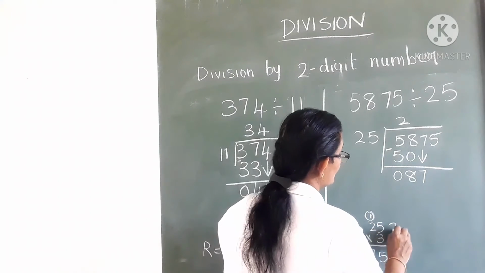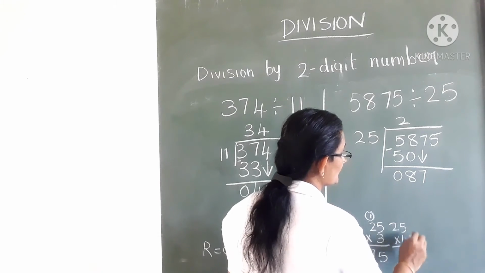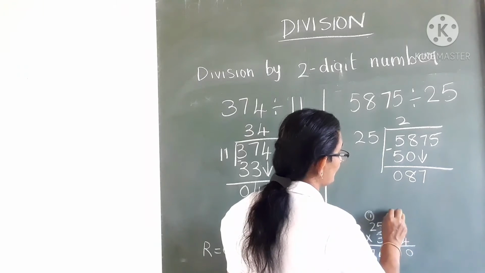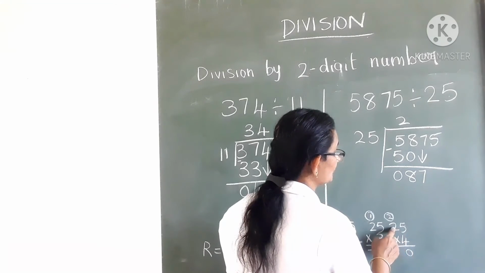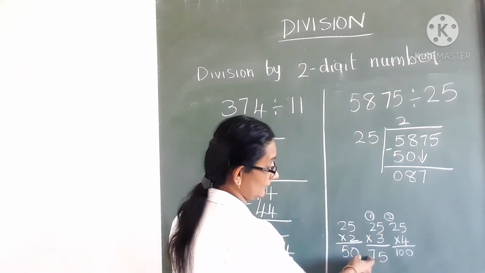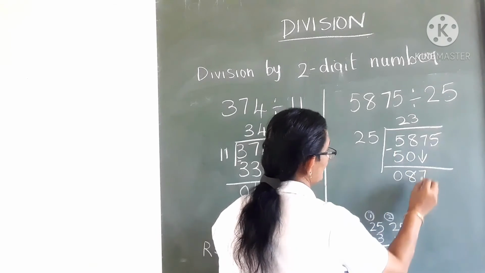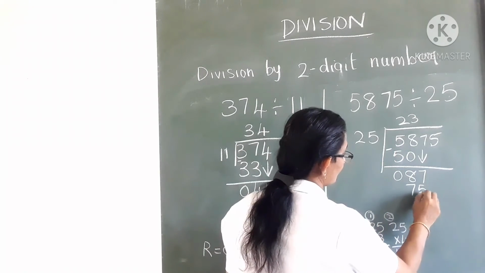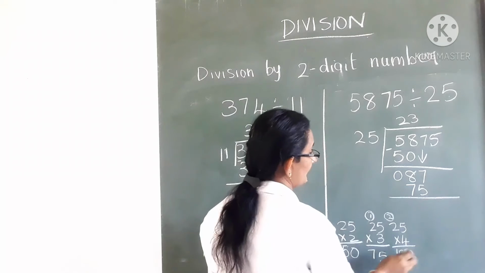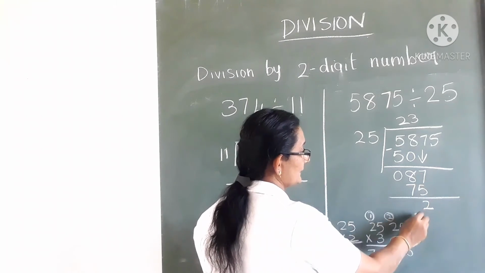And what is 25 into 4? 5 4s are 20. And 4 into 2, 8. 8 plus 2, 10. So we have to consider 25 into 3. So 25 into 3 is 75. So now 7 minus 5 is 2. And 8 minus 7 is 1.